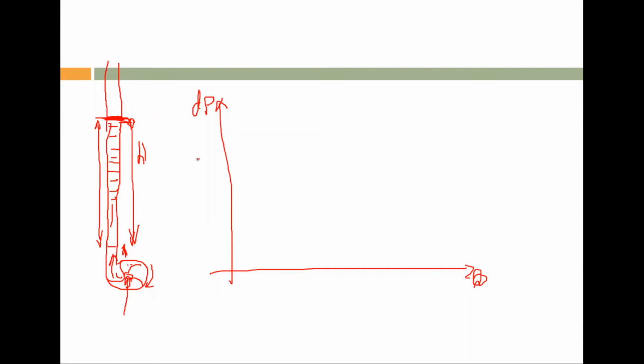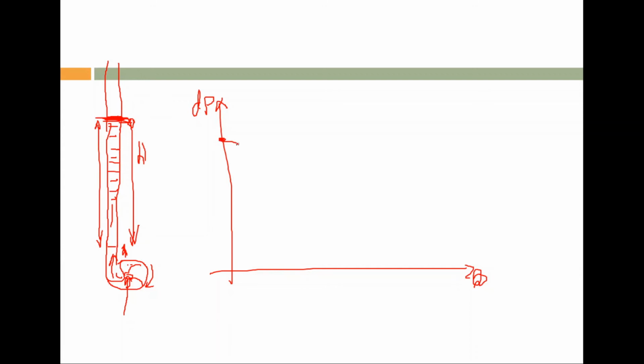So say this one is a starting point. Okay, so please note, if the head is exactly equal to this particular one, the flow has just started, so we can say that one is zero flow. Is it okay? So what is happening if the head is less than this particular one, if you are decreasing the head?